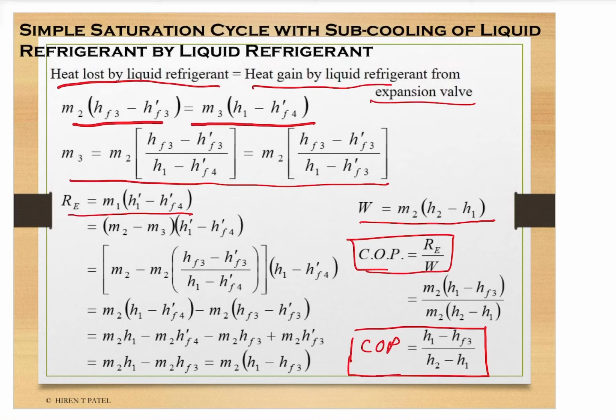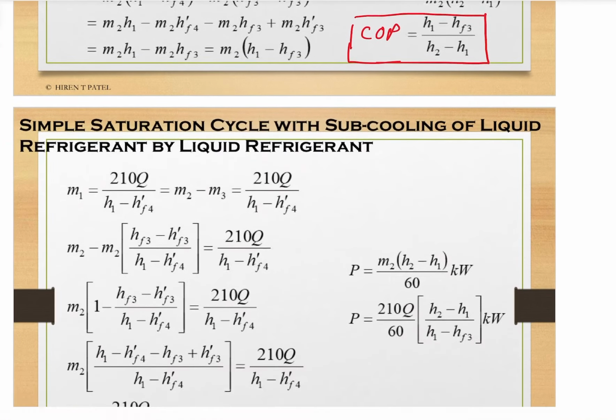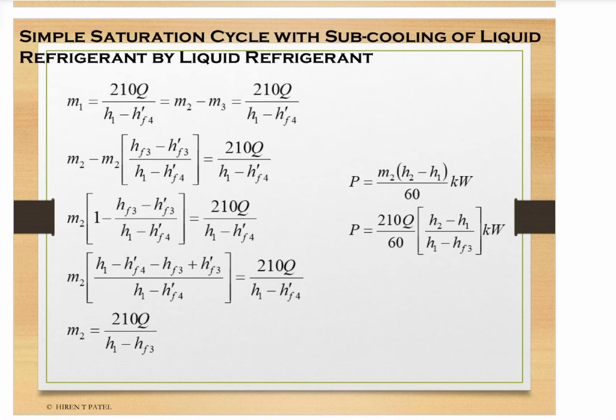So, if Q tons of refrigeration is the load on the evaporator, then the mass of refrigerant, that is M1, required to be circulated through the evaporator is given by this equation of M1.